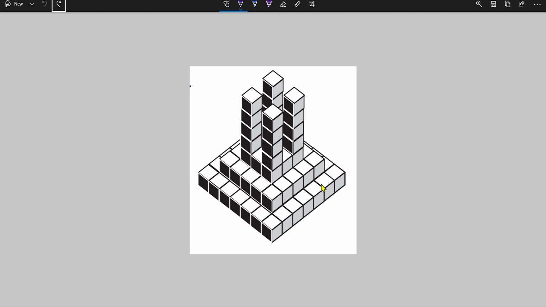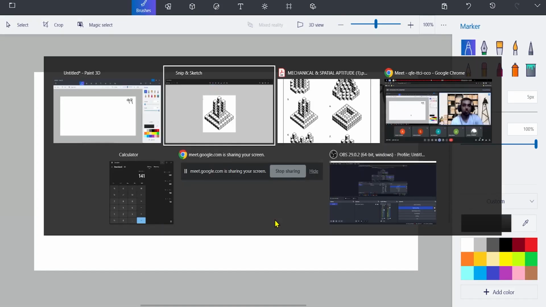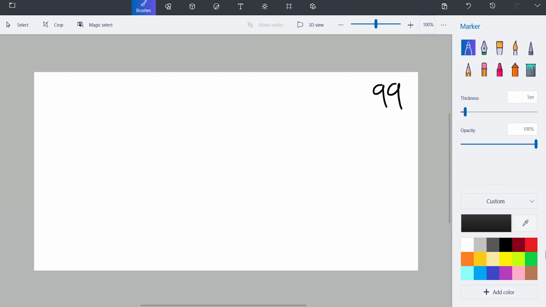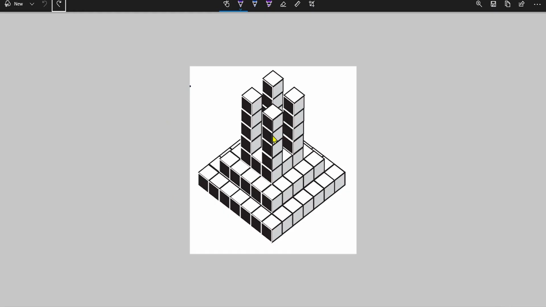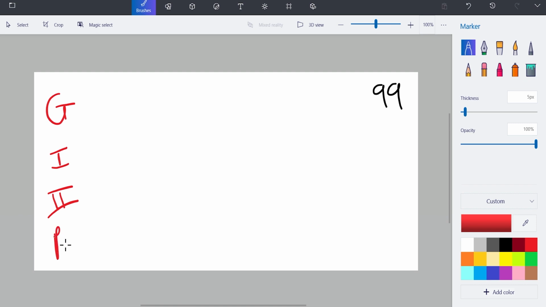So here it's going to be 1, 2, 3, 4, 5, 6, 7. I'll just call this base 1, B1 is base 1. I'll call this G for ground, then first, second, and then the pillar, I'll call this.